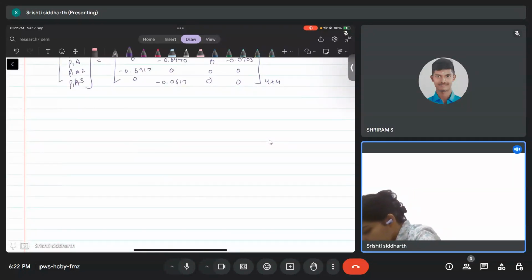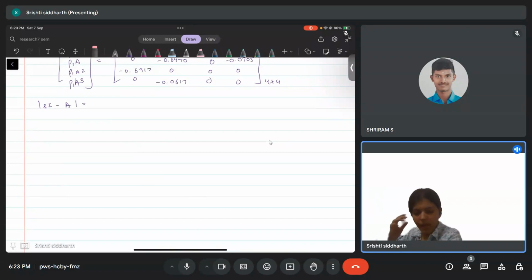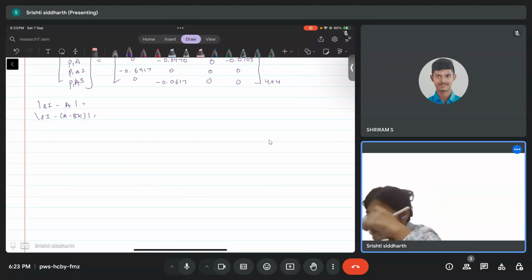So we have the controllable canonical form. So sI minus A has a characteristic equation. Then we also have the characteristic equation for sI minus A plus Bk, in terms of the gain K. We want this to be equal to s plus 1 to the power 4, because we want 4 poles at minus 1.